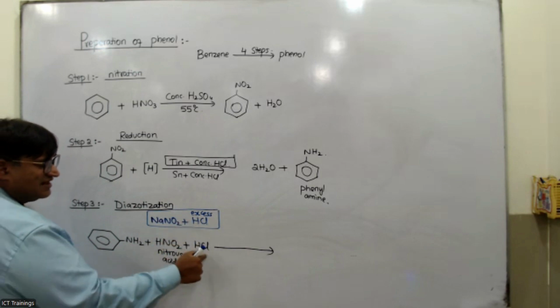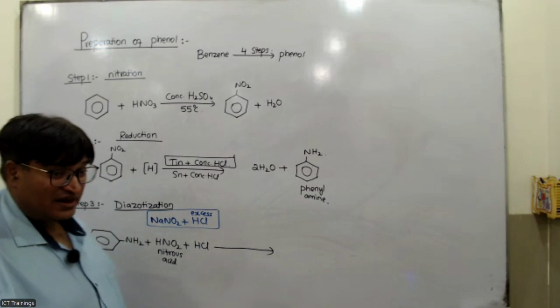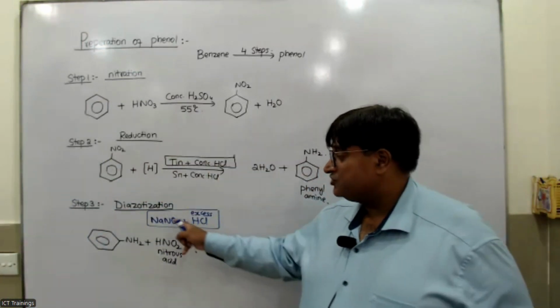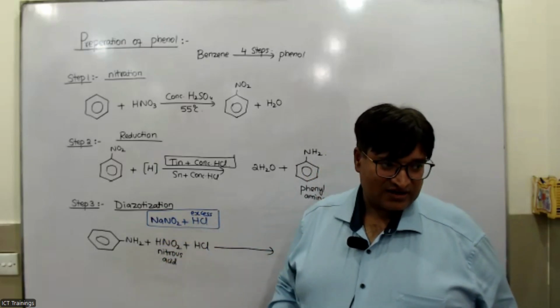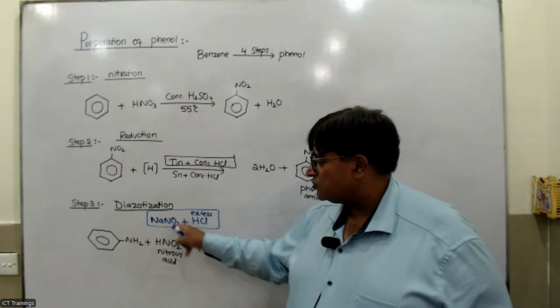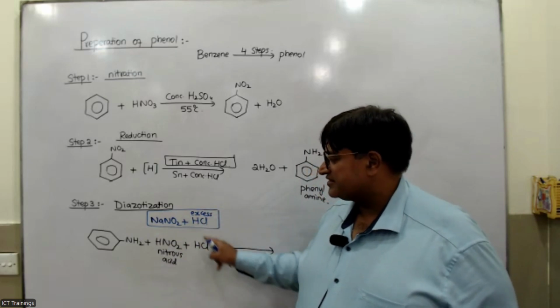HCl is excess, so it is already present. So in the paper, they are normally going to mention these two things instead of HNO2 and HCl, because these things would form HNO2, and HCl is excess, so it is already present.